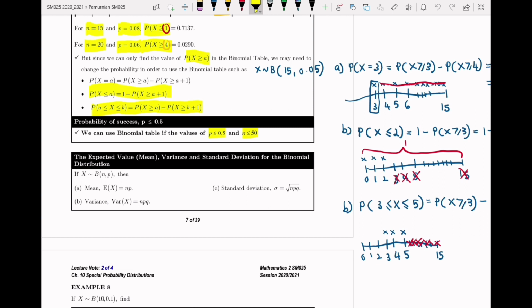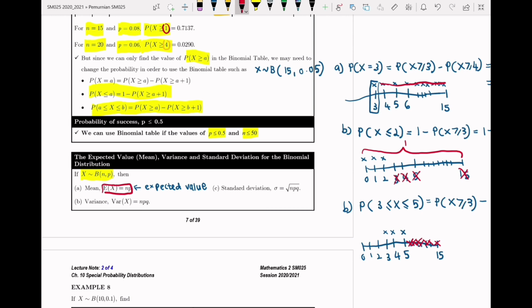Next, we will look at the expected value, mean, variance, and standard deviation for the binomial distribution. For example, if X is binomially distributed with n as the number of trials and p as the probability of success, to find the mean or expected value, the formula is E(X) equals n times p.